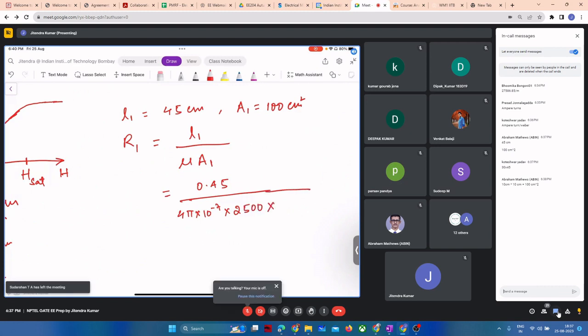A1 is 100 centimeter square, which means 0.01 meter square. So how much will it come out?